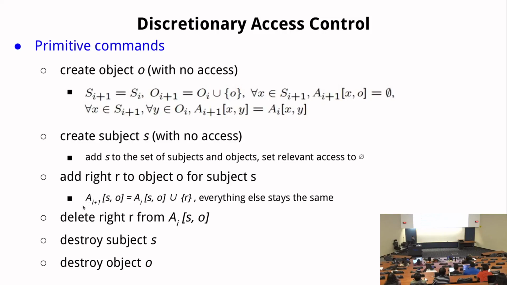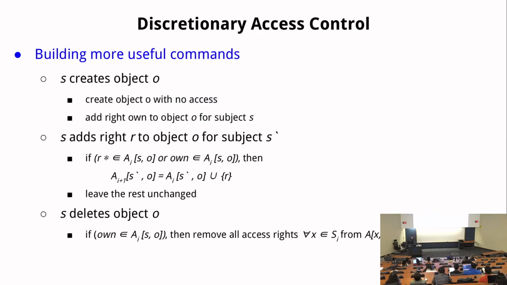This is the access control matrix, and the rows are subjects, the columns are objects. We just add a permission to the old one. If we delete one, we just remove one. We can also destroy subjects and destroy objects.